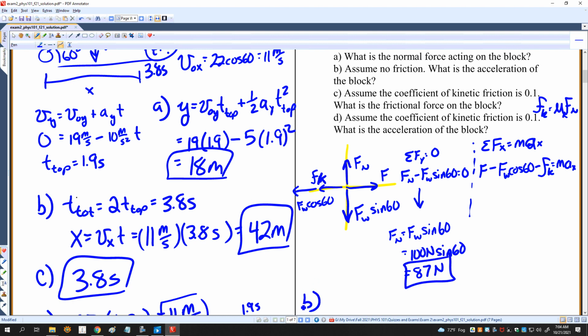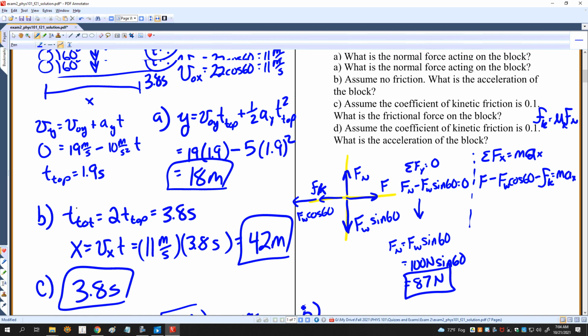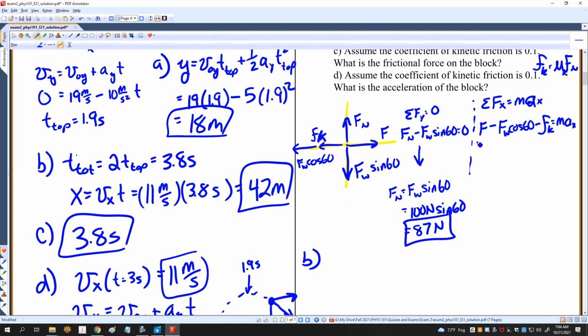For part B, I want to assume no friction. And what is the acceleration of the block? So I'm going to be dealing with this equation, but I'm going to take Fk equal to 0. So I'm going to have F minus Fw cosine of 60 equals max. Notice I've just left off the frictional force because now it's 0.